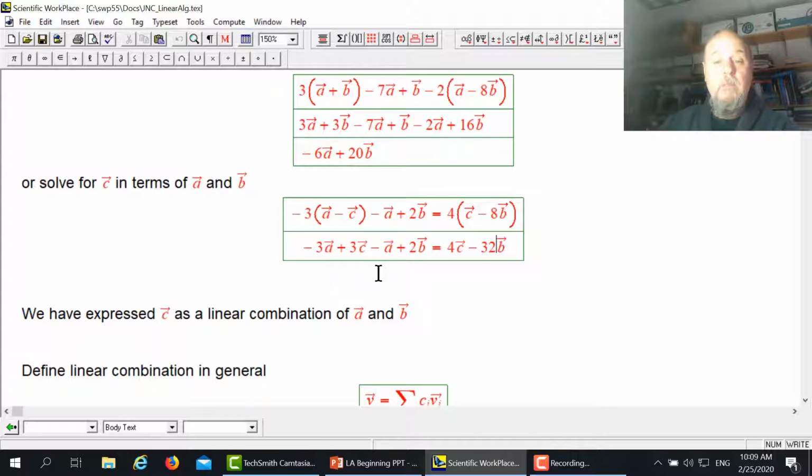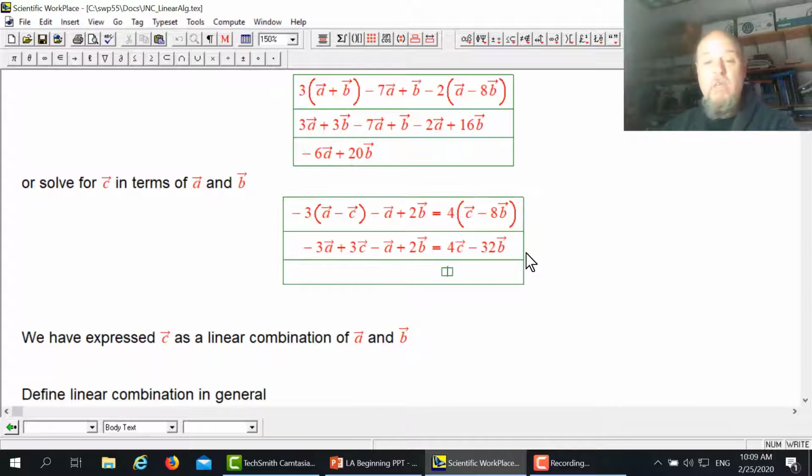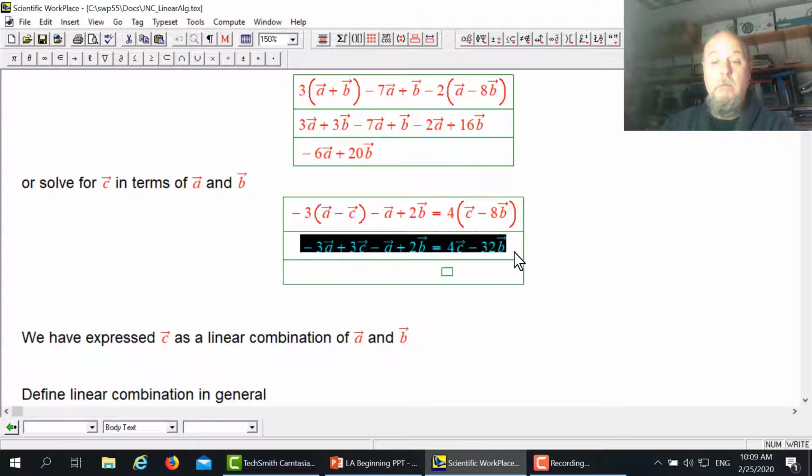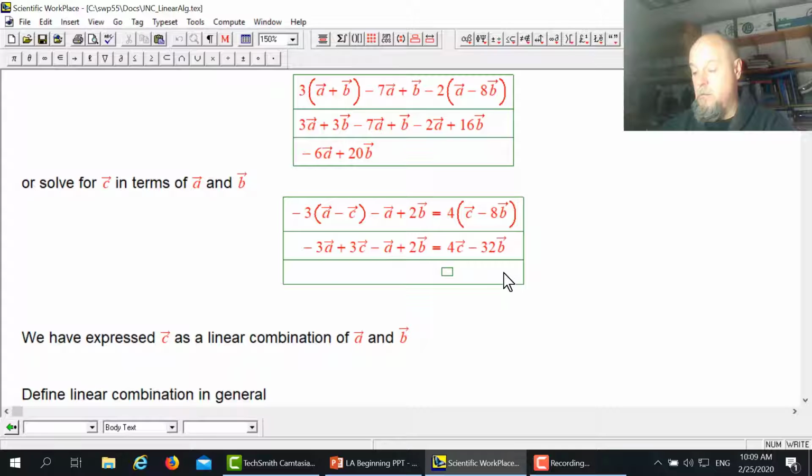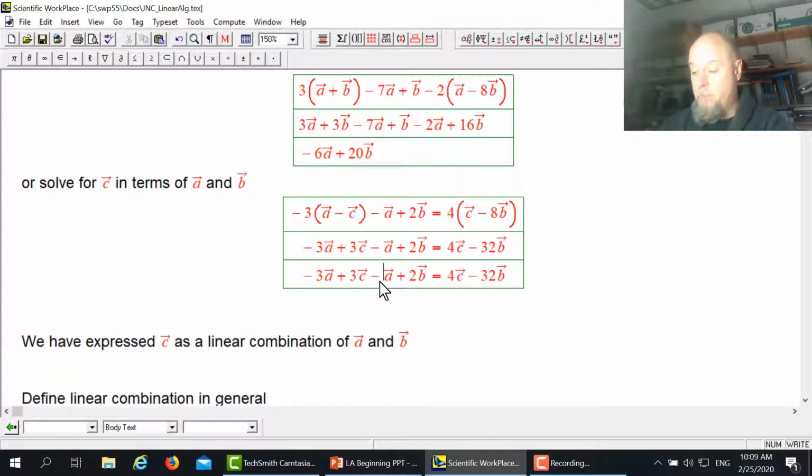Let's see. We can clean this up a little bit, right? I've got minus 3a and minus a, so that's a total of minus 4a when I combine the a's together on that side. And 2b and 32b.